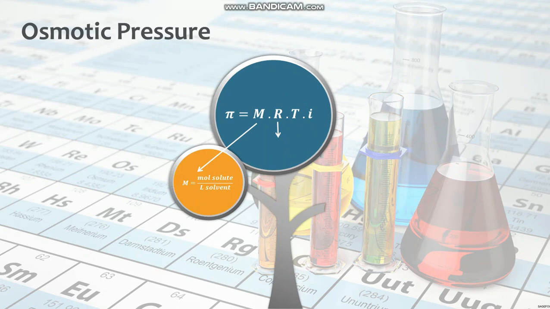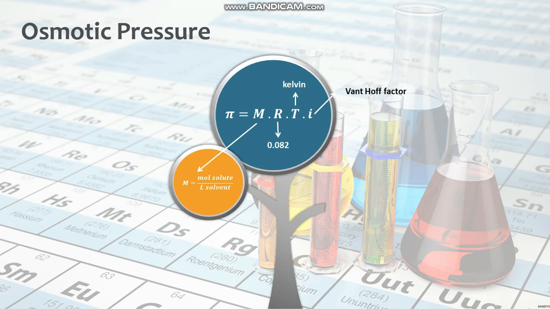R is the gas constant, 0.082. And T is the temperature, but in Kelvin. And keep in mind, the Kelvin temperature is the Celsius temperature plus 273. And i is the van't Hoff factor.